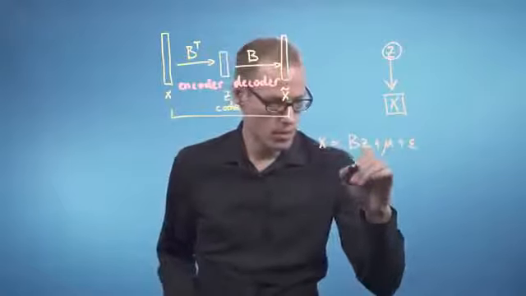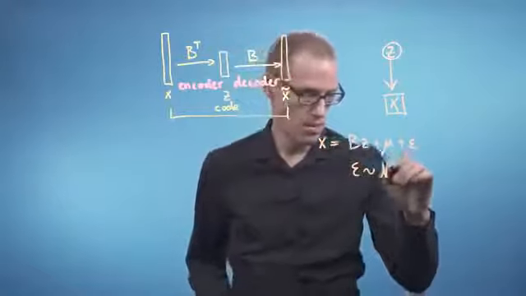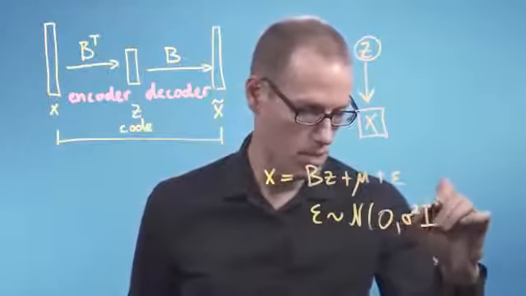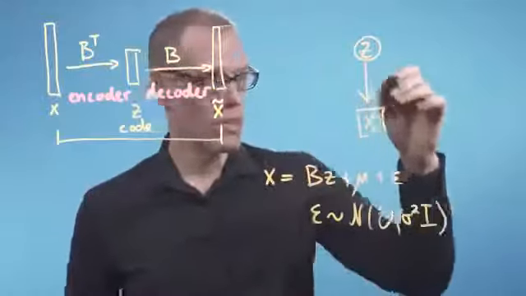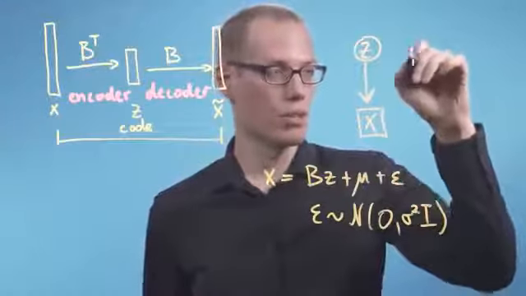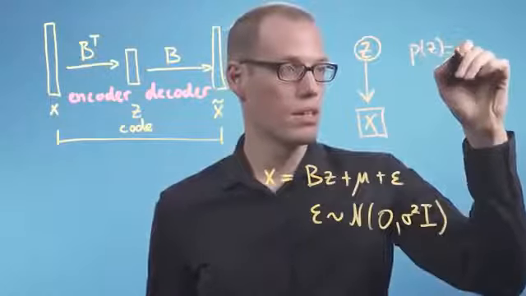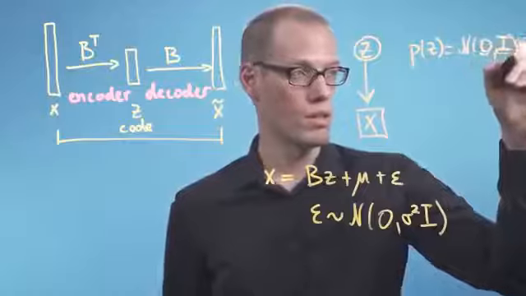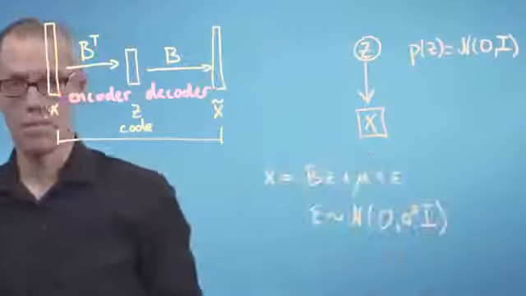We assume that the noise is isotropic with mean 0 and covariance matrix sigma squared times I. We further assume that the distribution of this Z is a standard normal. So P of Z is Gaussian with mean 0 and covariance matrix, the identity matrix.